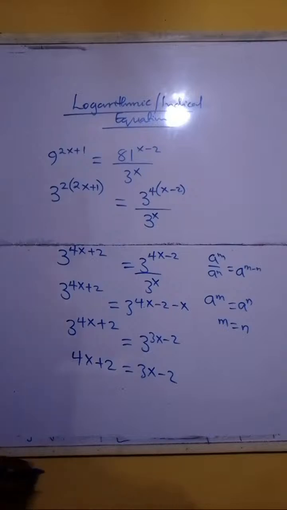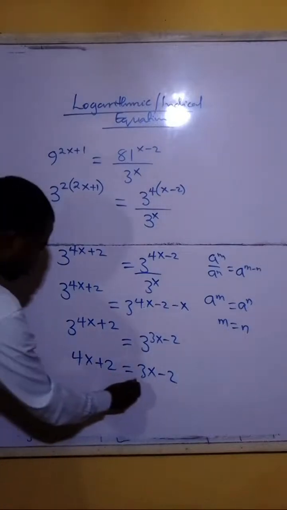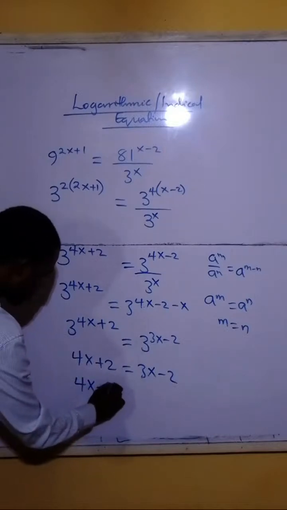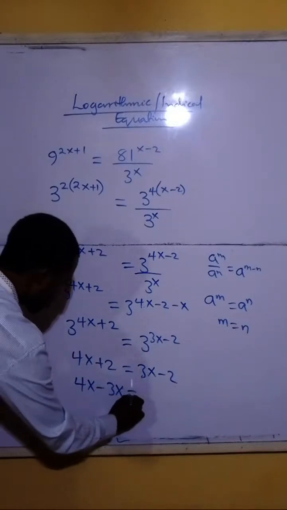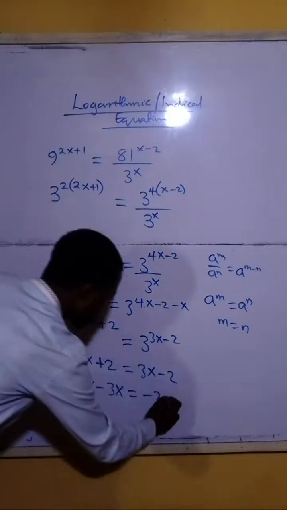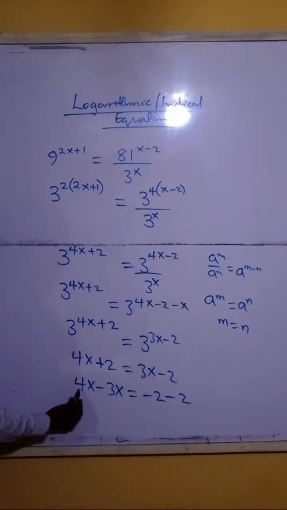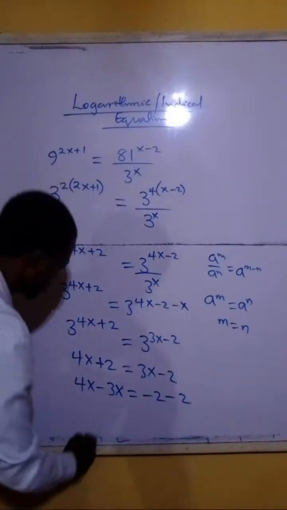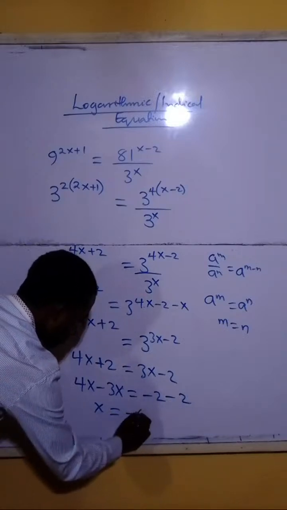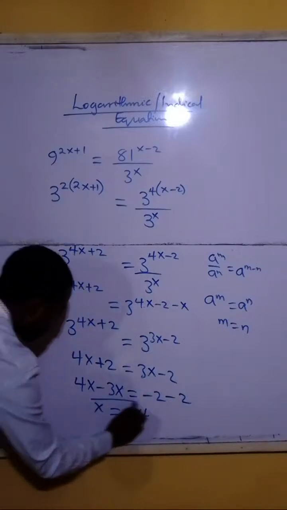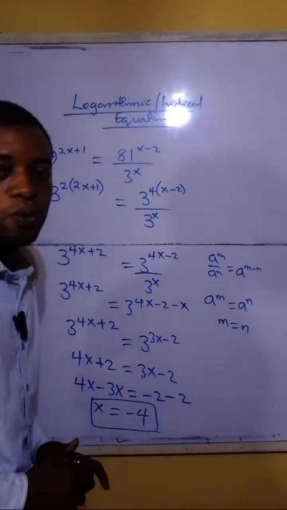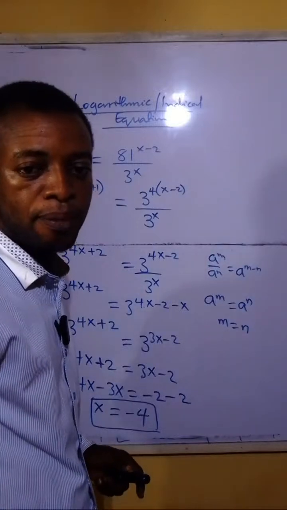Now we collect the like terms, bring x to one side, take 3x to this side, so we have 4x minus 3x equals, we already have minus 2 here, then take plus 2 here, also becomes minus 2. And 4x minus 3x is x, equals minus 2 minus 2, that's minus 4. So from here, we have x equals minus 4. So that is what we have.